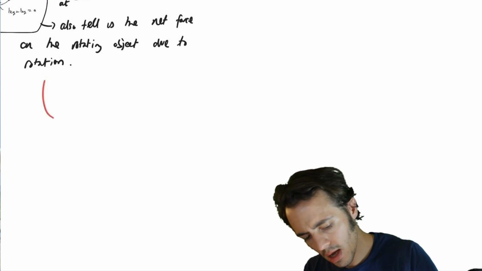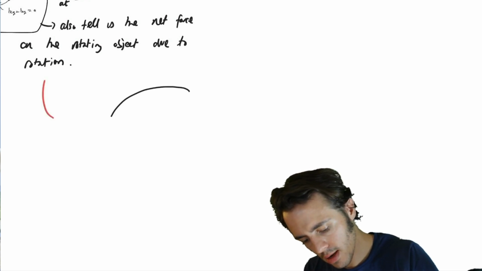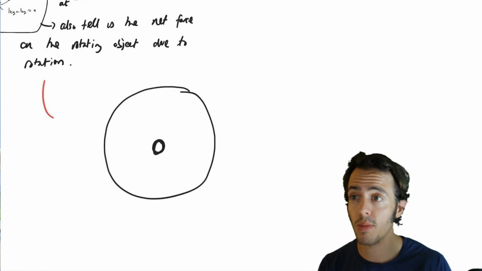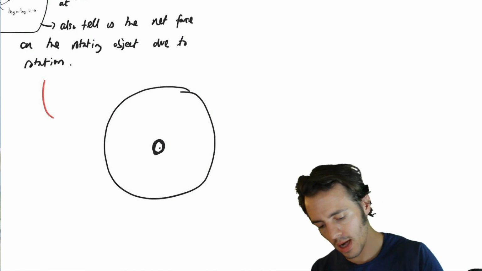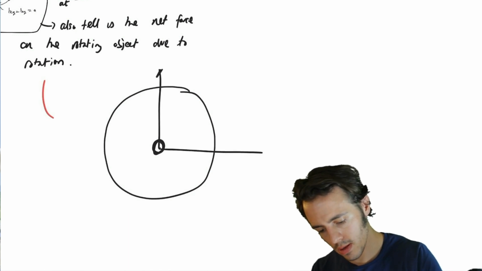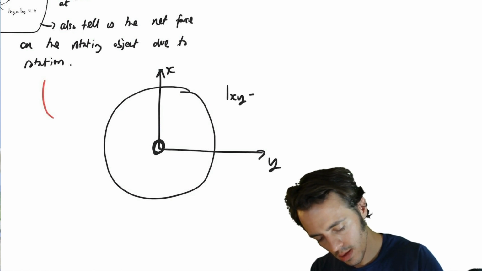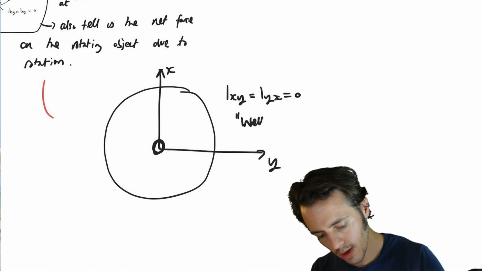So if I've got a car tire, it's well balanced, right, its mass distribution is perfect. This is a well balanced car tire.